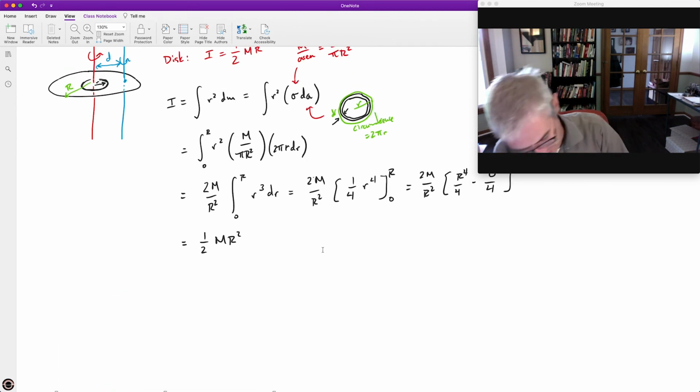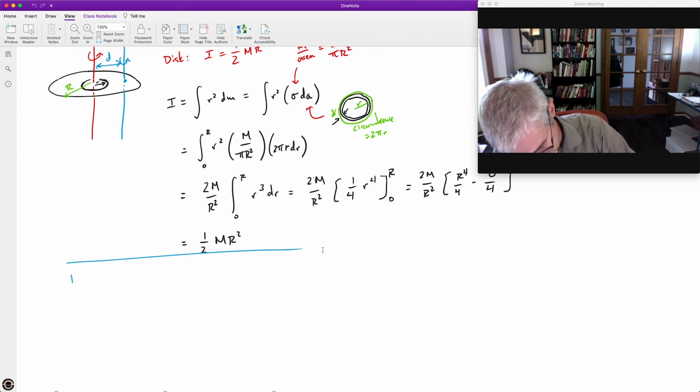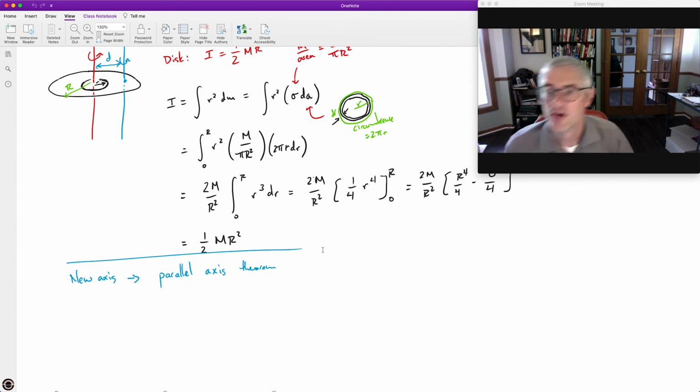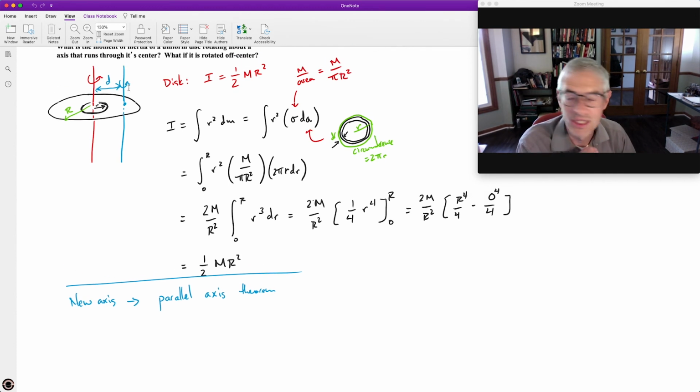For the new axis, we use the parallel axis theorem. We can use the parallel axis theorem because our new axis is parallel to it. We just calculated the moment of inertia for this red axis right down the center of the disk.